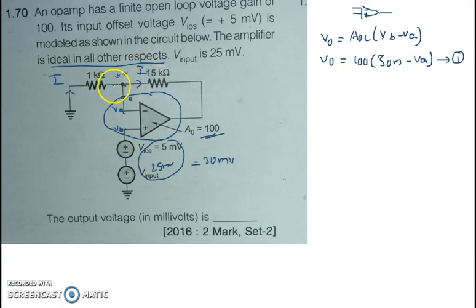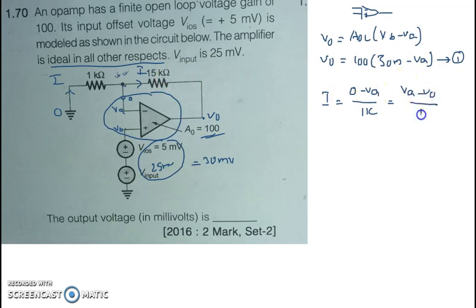So the expression for this I can write: I is equal to, here 0 volts is maintained and here VA volts I considered. So I is equal to 0 minus VA divided by 1K, that is the current flowing through this 1 kilo ohm. Similarly, the current flowing through this 15 kilo ohms can be taken as VA minus V0 divided by 15K.